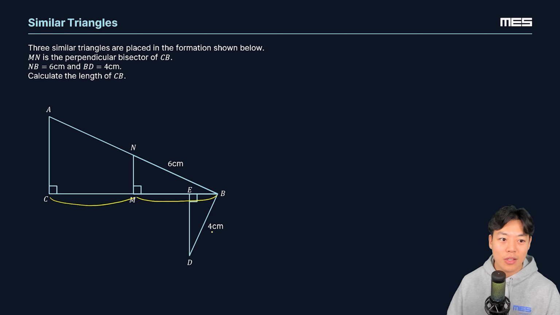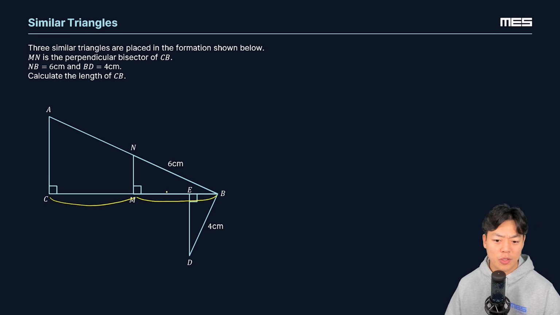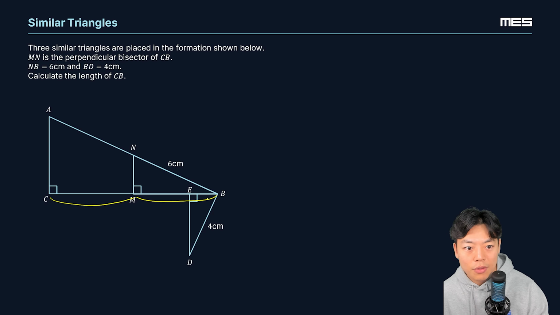I also need to know some more information here, right? Let's see, what can we do here to find the length of CM and CB? I know that all these triangles are similar. So we have 6 is to 4, but, oh, I believe I should have put a 3 here as well in the problem. There should be a 3 here for EB.